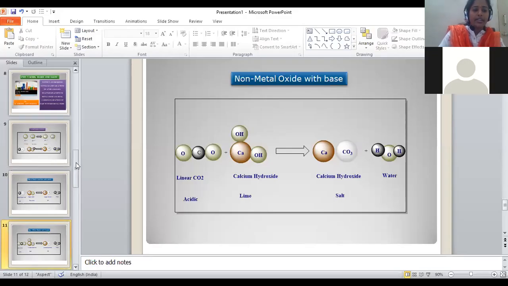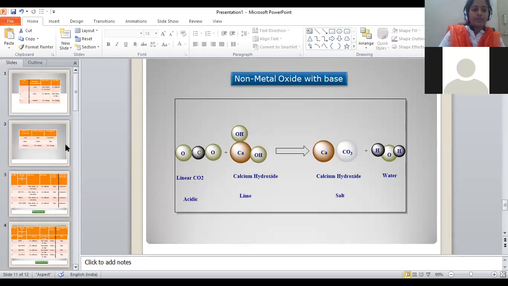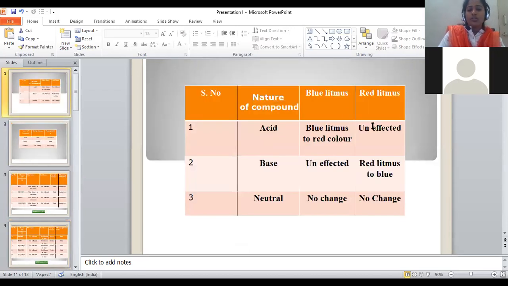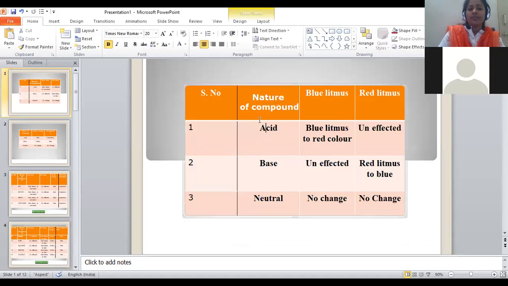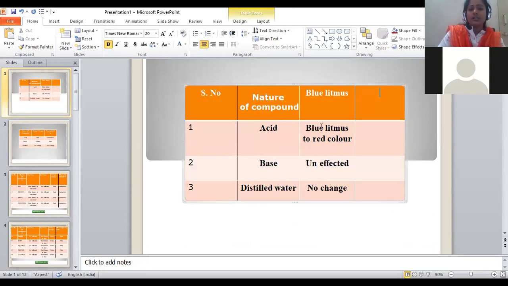We already made a tabular form for the litmus test, right? So only blue litmus paper is provided to you. We have 3 test tubes here. Among them, one has acid, the second has base, the third has only distilled water, for example. So what will be the possible reaction?